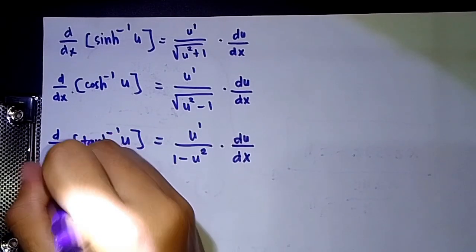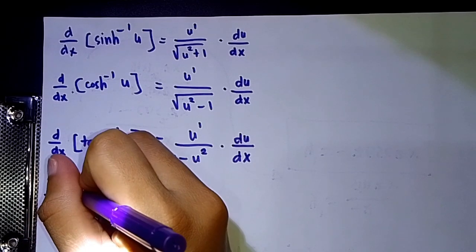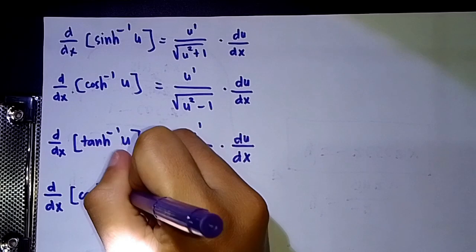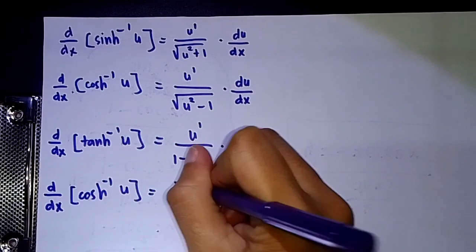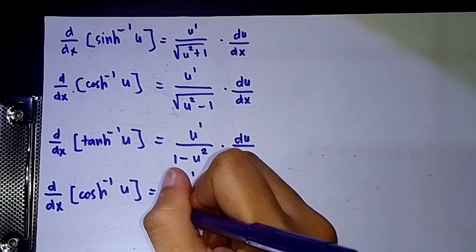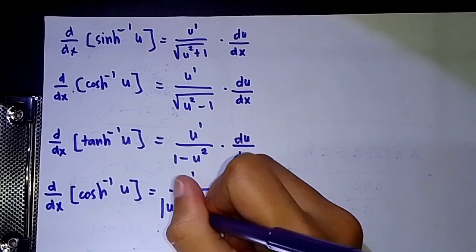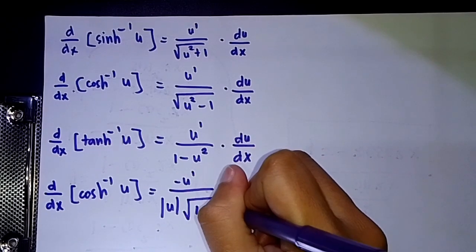The derivative of the inverse hyperbolic cosecant function of u is equal to negative u prime over the absolute value of u times the square root of 1 plus u squared.